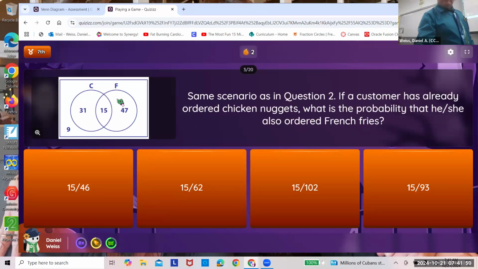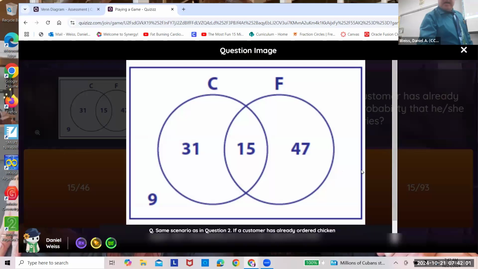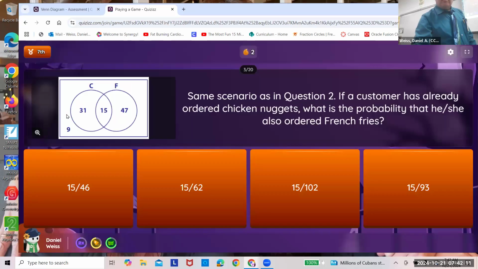In this same scenario, if a customer has already ordered chicken, oops, what is the probability that he or she has also ordered fries? Okay, so in other words, also ordered fries. So in here, right, if they ordered chicken, how many also got fries? 15.